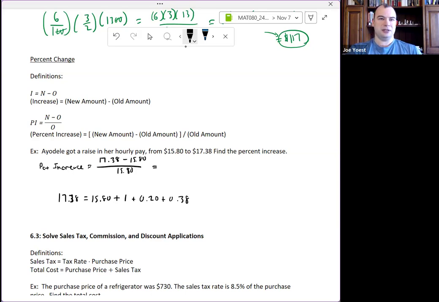If you were making change at a cashier station or something, this is probably how you would do it if for some strange reason somebody paid you $17.38 for an item that cost $15.80. Or if you ever watch the tellers at the bank count out money, this is essentially how they do it.